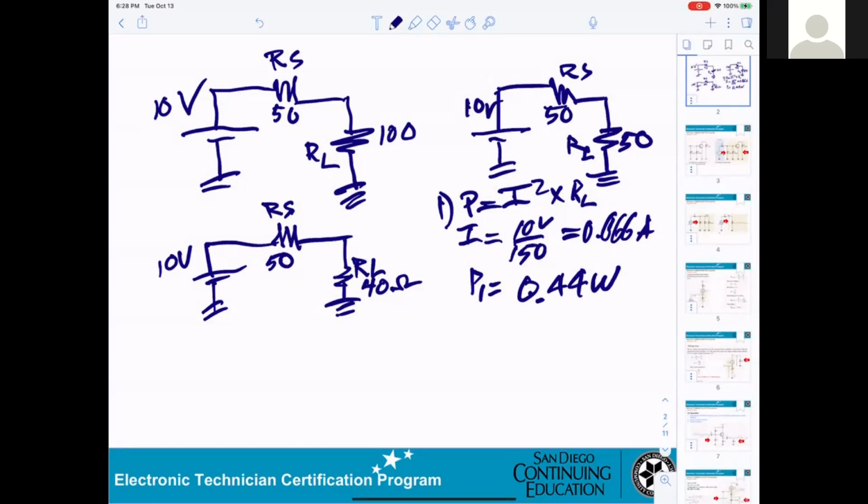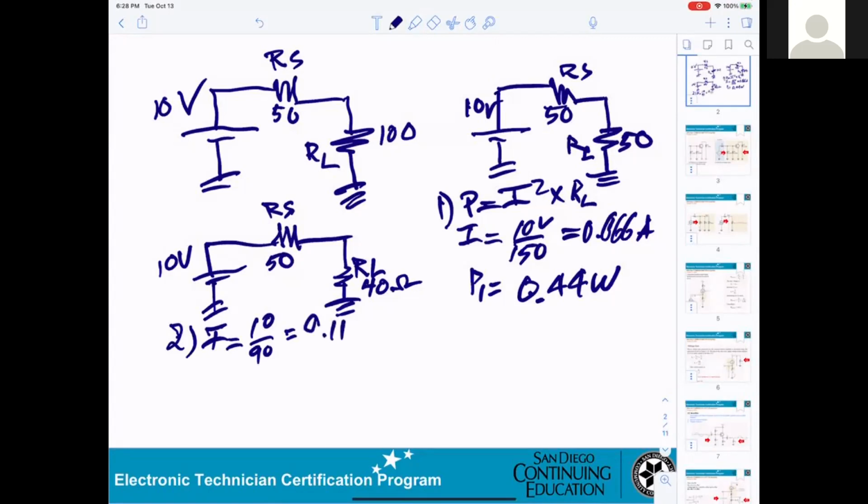Second one. Calculate, 1 watt is the power? No, that's half a watt. So basically, you can calculate I equals 10 divided by 90. Oh, I was doing the wrong one. 0.11.